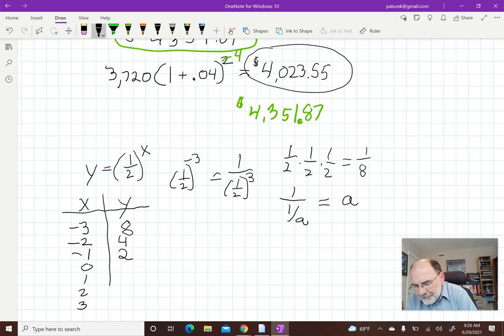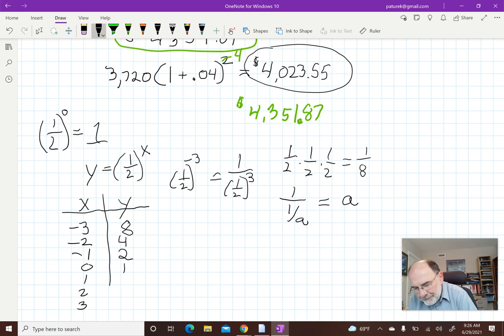All right, next one. 1/2 to the 0 power. 1/2 to the 0 power is 1. Any number other than 0 to the 0 power is 1. So this is 1.